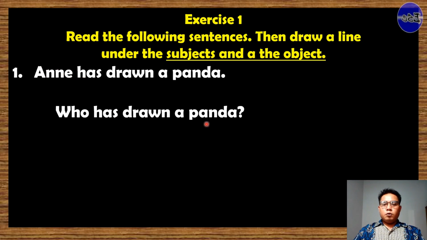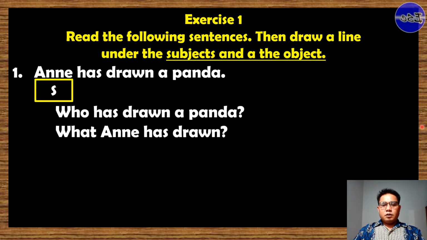Who has drawn a panda? The answer is Anne. So Anne here is the subject of the sentence. To find the object of the sentence, we ask, for example, what Anne has drawn, and the answer is panda. So Anne is the subject, panda is the object.